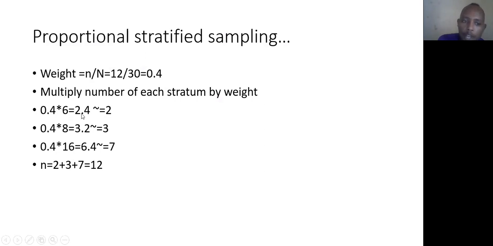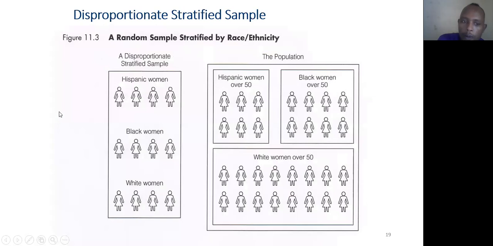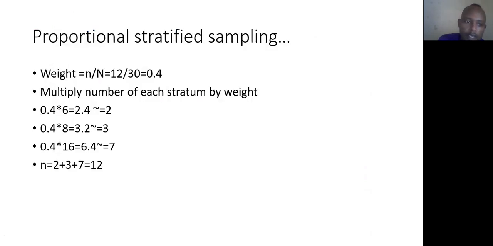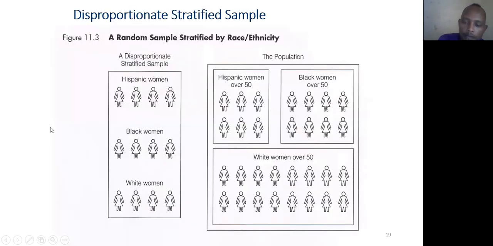And to take a sample from each stratum, we multiply it by the weight, the common weight. When we multiply 6 by 0.4, we obtain 2.4. Hence, we take approximately 2 from the first stratum. From here we have 8 women.